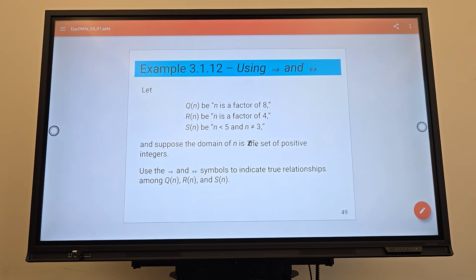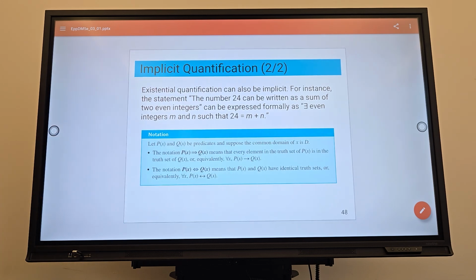Use the symbols to indicate the relationships among Q of n, R of n, and S of n. Well, what was that definition again? Every element in the truth set of the first one is in the truth set of the second.